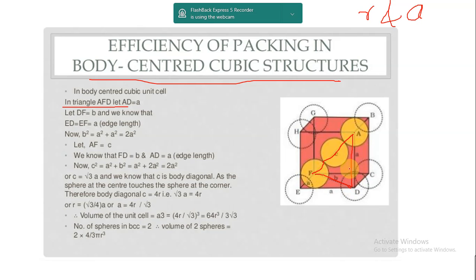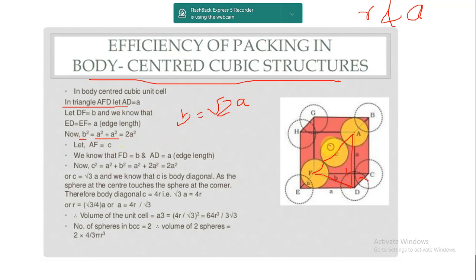A square plus A square equals B square, isn't it? All sides are A because it is a cube. So A square plus A square equals B square. So B will be root 2 A.